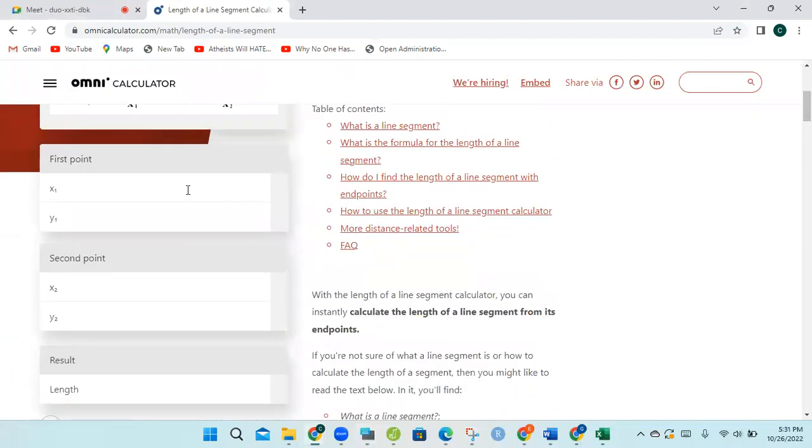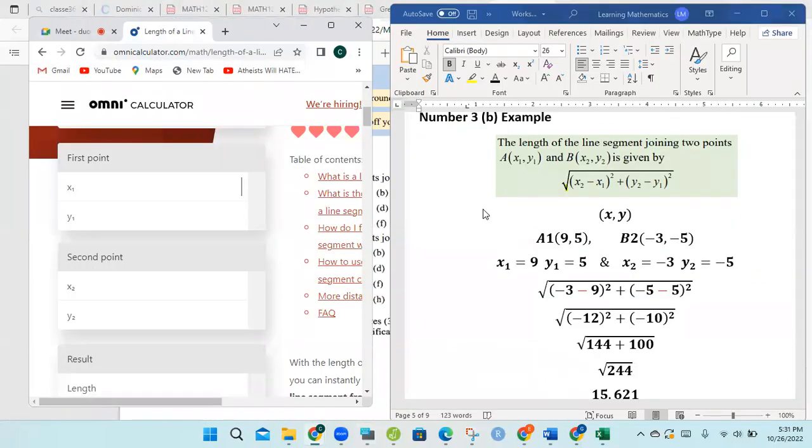Here it is. First point. So let's verify our answer here. X1, we put X1 as 9. And we put Y1 as 5. We put X2 as -3. And we put Y2 as -5.